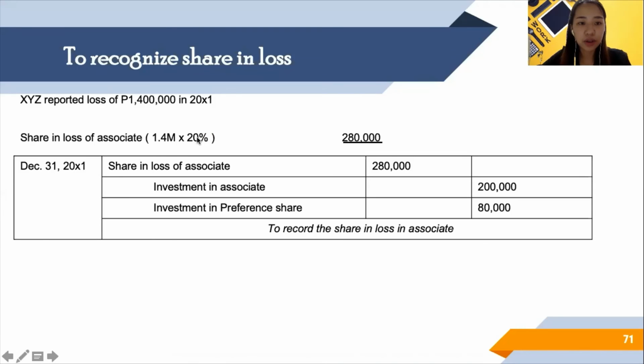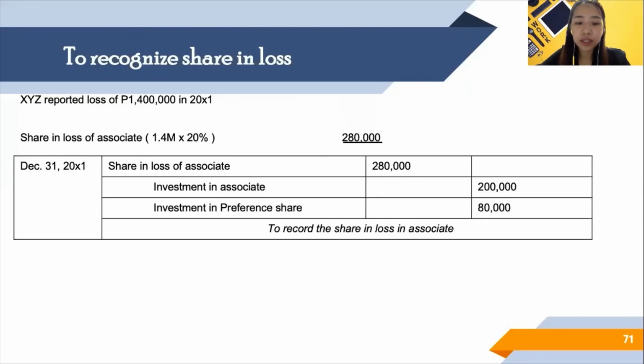XYZ reported a loss of 1,400,000 in 20X1. So, yung loss na 1,400,000 is ang i-recognize lang ni investor na share niya is yung 1,400,000 times the 20% of the percentage of share ni investor to get the share of the investor.